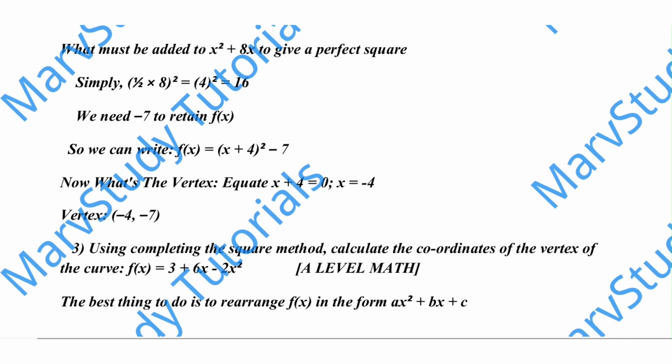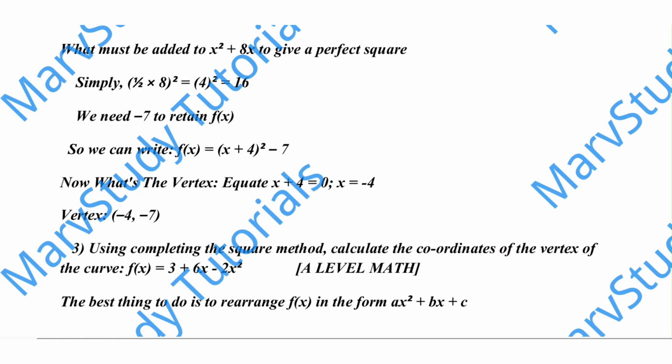Question number 3. You can pause the video and attempt this on your own, and then come back and cross-check as to whether you got it right or wrong. Question number 3 says, using the completing the square method, calculate the coordinates of the vertex of the curve f of x equal to 3 plus 6x minus 2x squared, right?